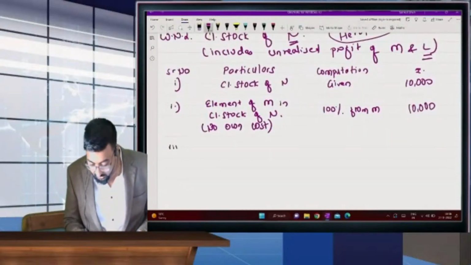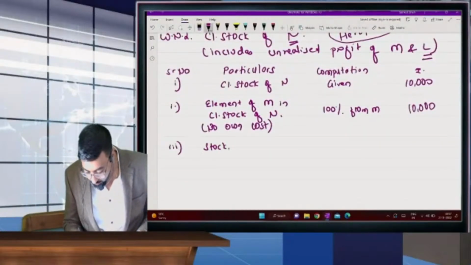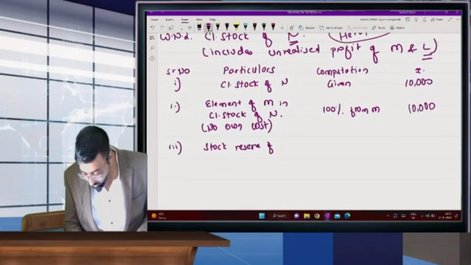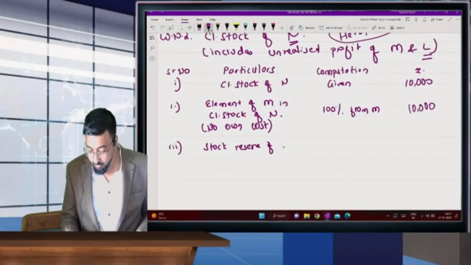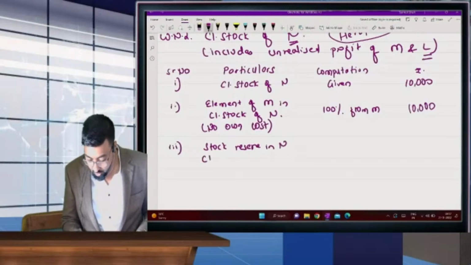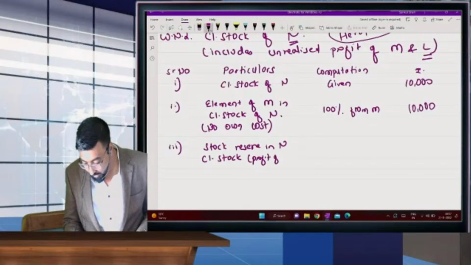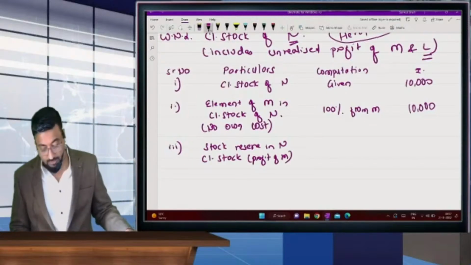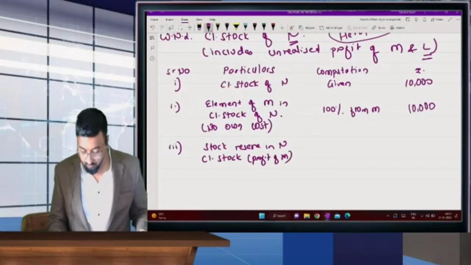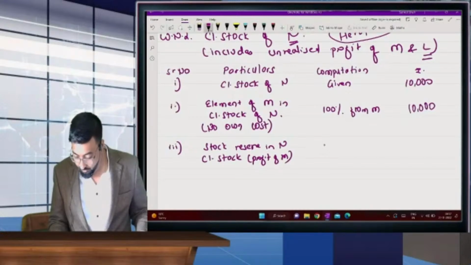Now what is the stock reserve? Stock reserve of M in N's closing stock. Profit of M. 10,000 divided by 100.